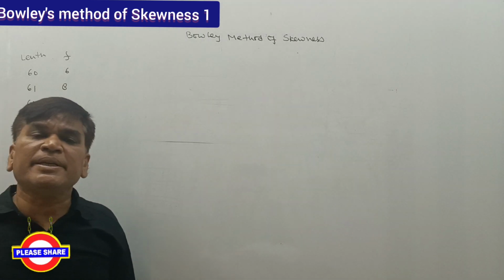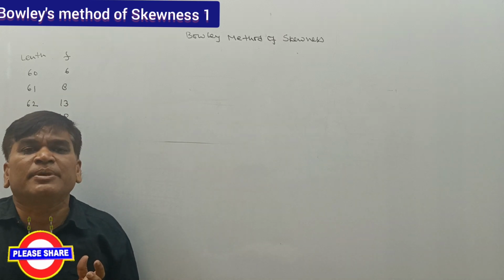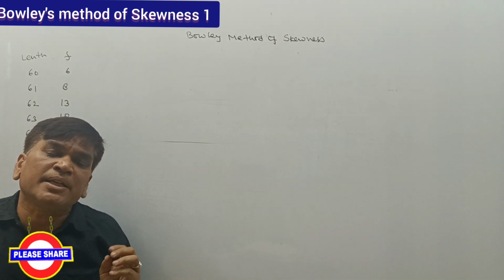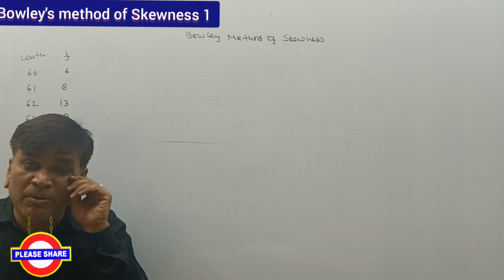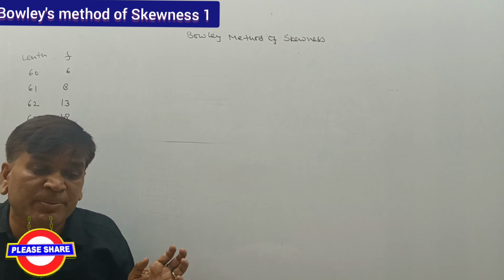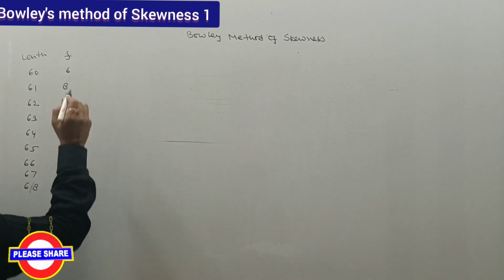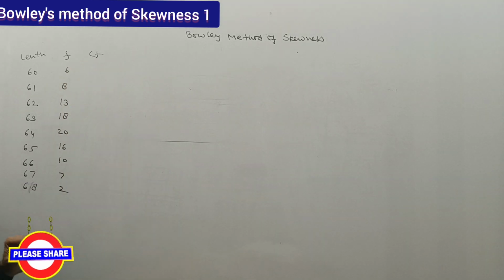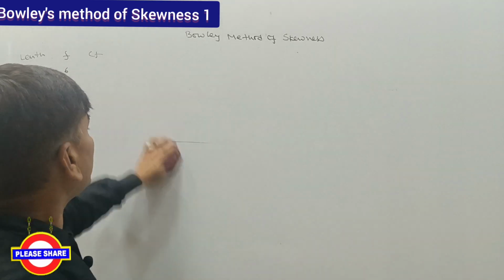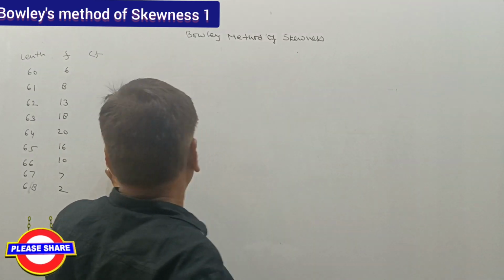This is a discrete series problem, and we are to calculate the value of skewness by the Bowley method. For that, the very first thing is to calculate the cumulative frequency, as we know that for calculating Q1 and Q3 we want the cumulative frequency.